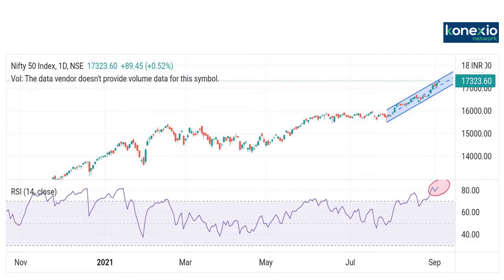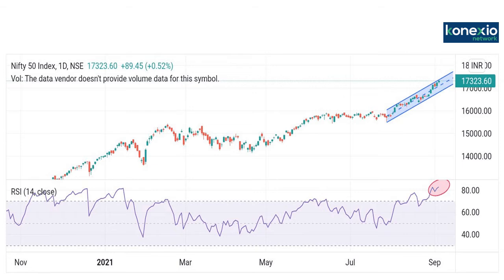That particular overbought area was visited in November, December 2020 and January 2021, you can clearly see on the RSI. After that, Nifty witnessed a sizable correction, and at current levels also we have a view that we might see some sort of profit booking type of correction at the higher levels.